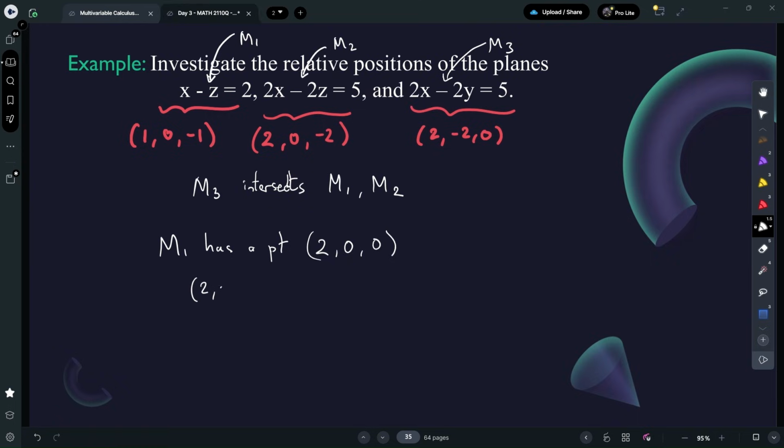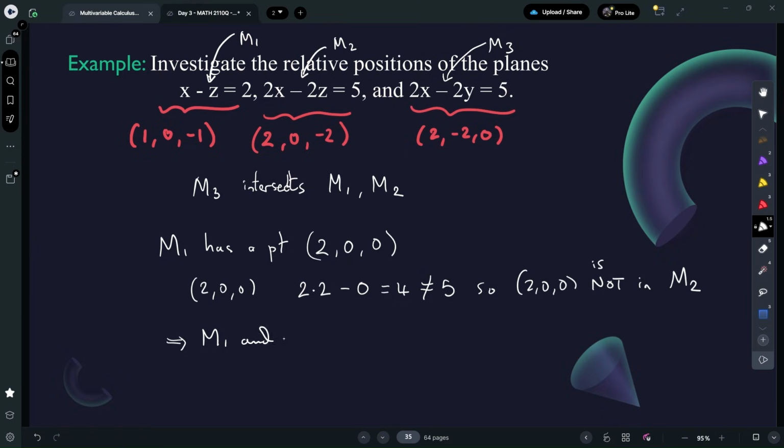With 2, 0, 0, I plug in 2 times 2 minus 0, that is 4, which is not equal to 5. So that point is not in M2. So M1 and M2 are parallel but not the same plane.